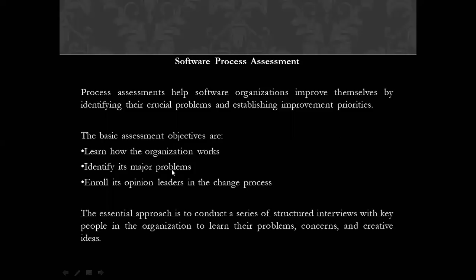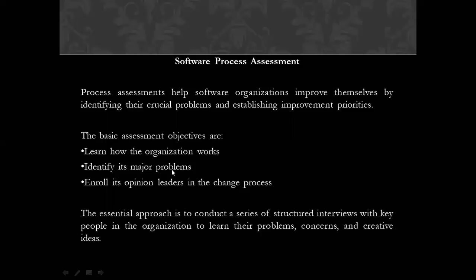Third one, enroll its opinion leaders in the change process. That means you have to check who the leaders are, who the manager is, and who the team leaders are. And if you want to change something in the process, and you feel there is a need to change some person, apart from some team member, you have to hire someone new, or you have to make someone train, those kinds of things it is talking about.